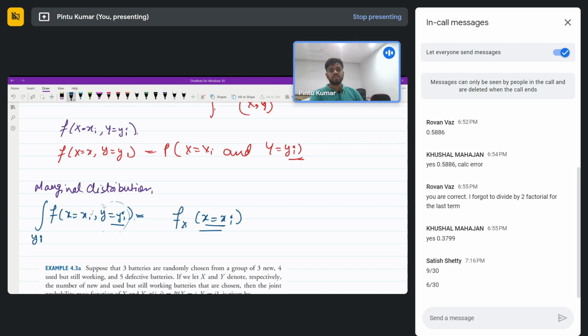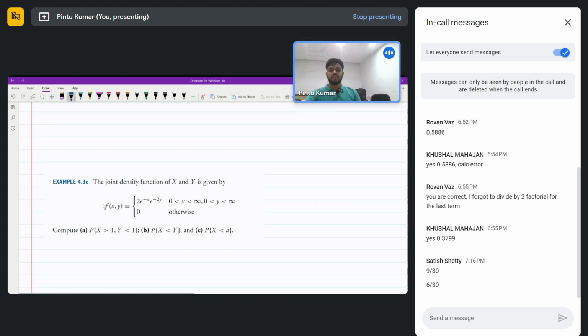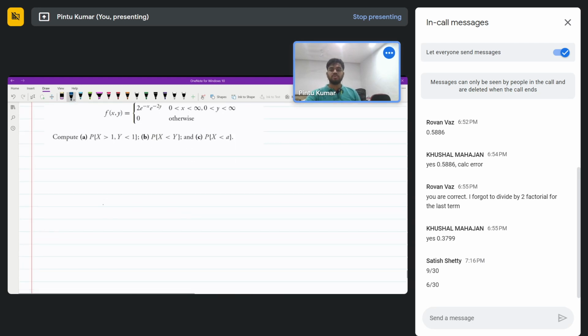These distributions are known as marginal distributions. If you had summed with respect to Xi, you would have got the marginal distribution for Y. Let's do an example and we'll see later how the marginals look.